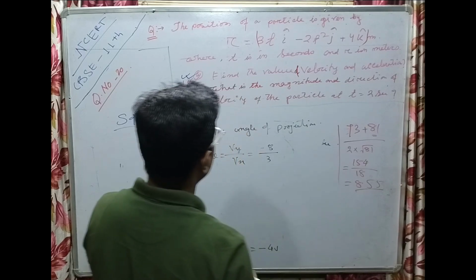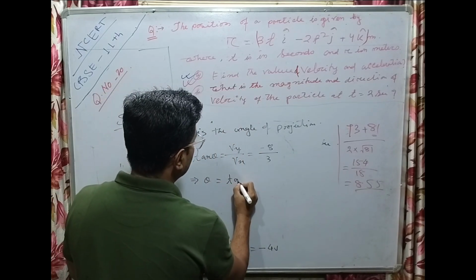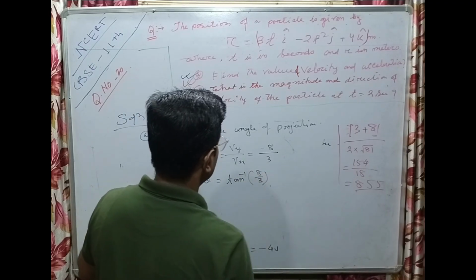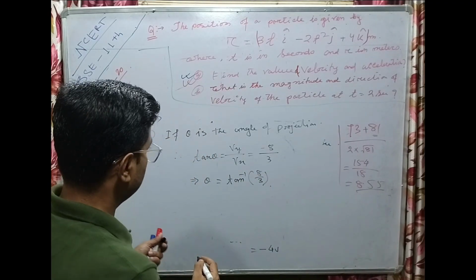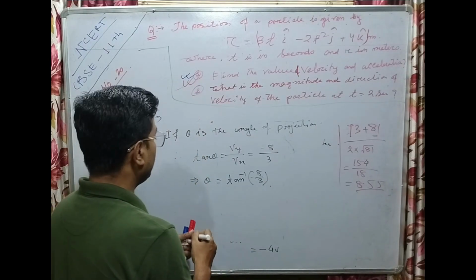The value is minus 8 by 3. Now theta is equal to tan inverse of minus 8 by 3.